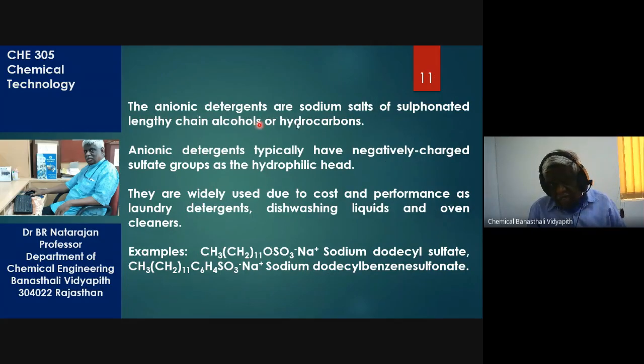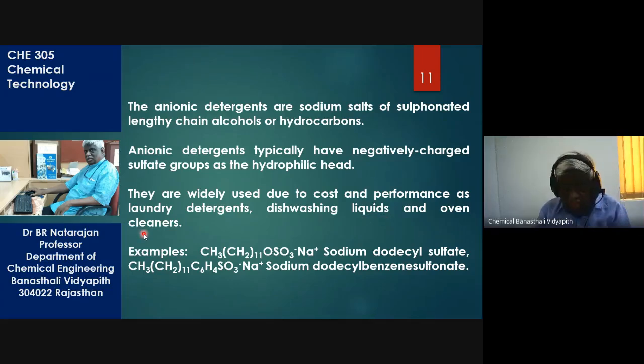Anionic detergents, they are sodium salts of sulfonated lengthy chain alcohols or hydrocarbons. Anionic detergents typically have negatively charged sulfate group as the hydrophilic head. Sulfate group means, remember, SO3. They are widely used due to cost and performance as laundry detergent, dishwashing liquids, and oven cleaners.